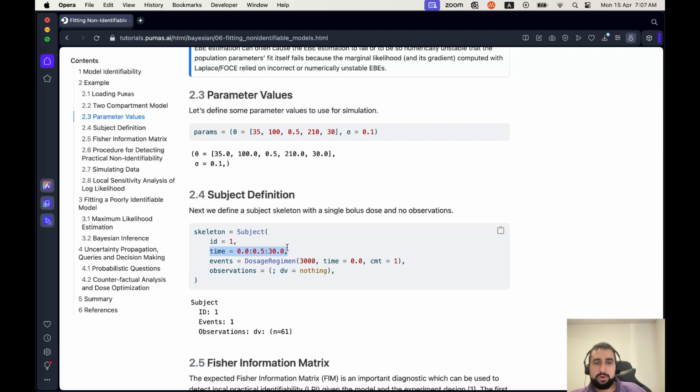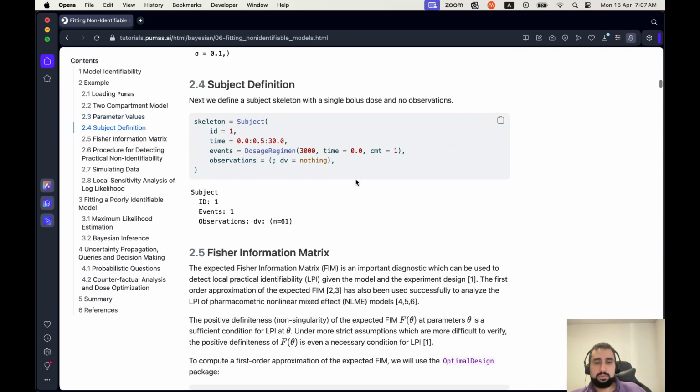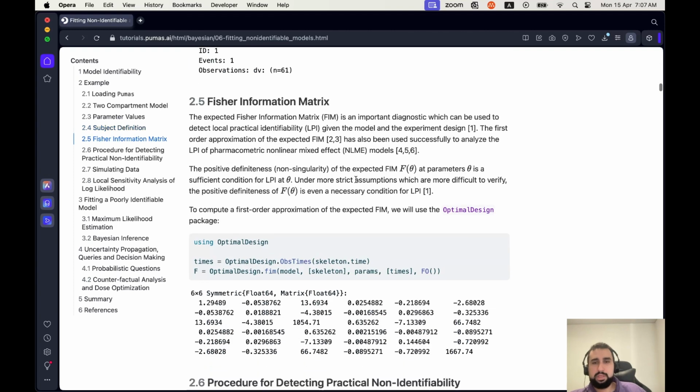So this is part of your experiment design, which sample times to use. So we're going to specify this somewhat dense sampling here. Next, we're going to specify a dose, which is a bolus dose at time t equals 0, given in compartment 1, which is the depot compartment. It's going to have a value of 3000. This is a somewhat arbitrary value, just to make the example work.